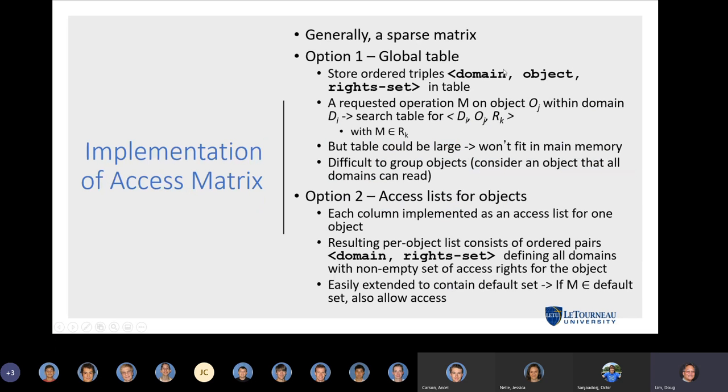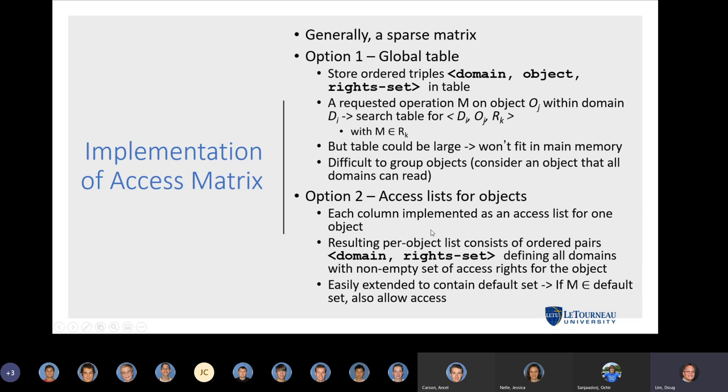So we have the domain, the object, which is the cross section of the table, and then the right set. Those are the values in the table. That is the 3 values, and that can be stored in these sets of tuples, or triples, in a global table using an ordered triple.